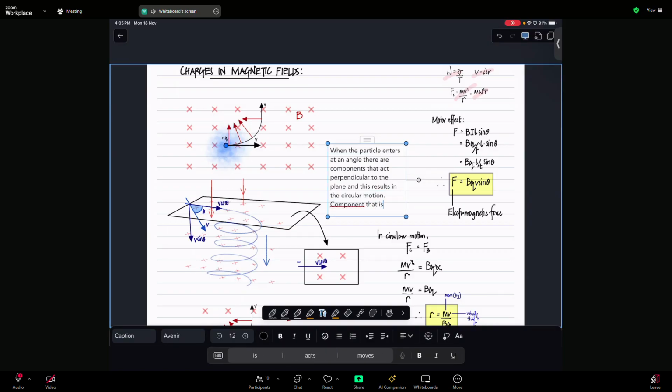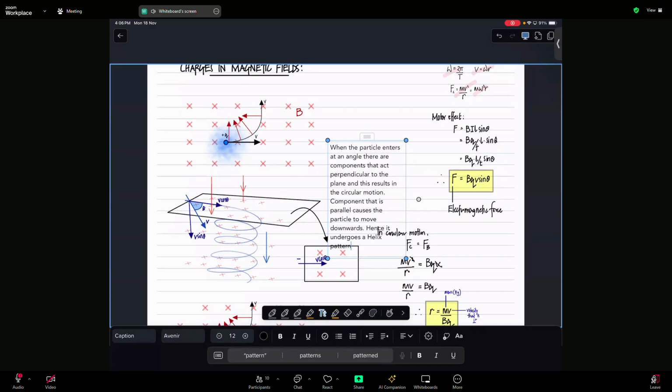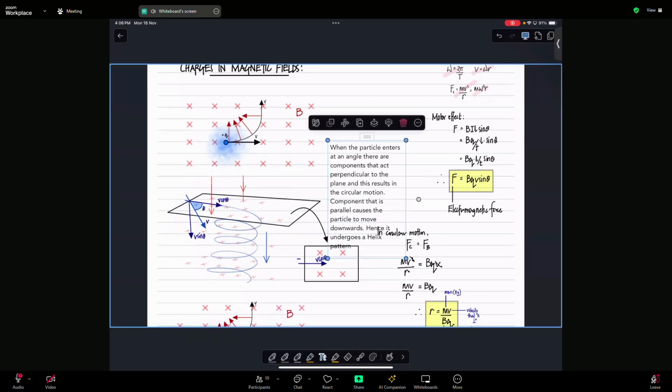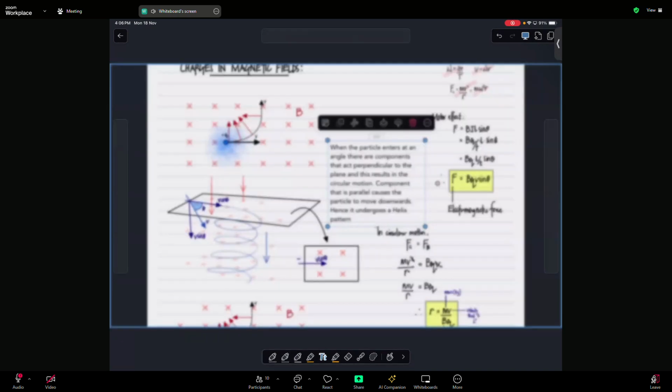The component that is parallel causes the particle to move downwards. Hence, it undergoes a helix pattern, the one you can see on the right. So yeah, this is the one.